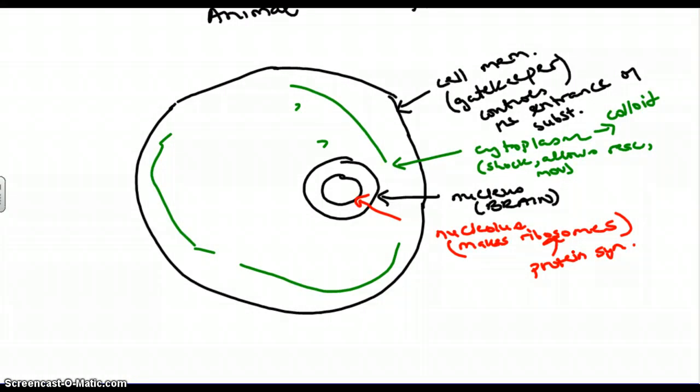The nucleolus makes ribosomes. Then we have another part called the endoplasmic reticulum, or ER for short. It is just various layers and looks like this.